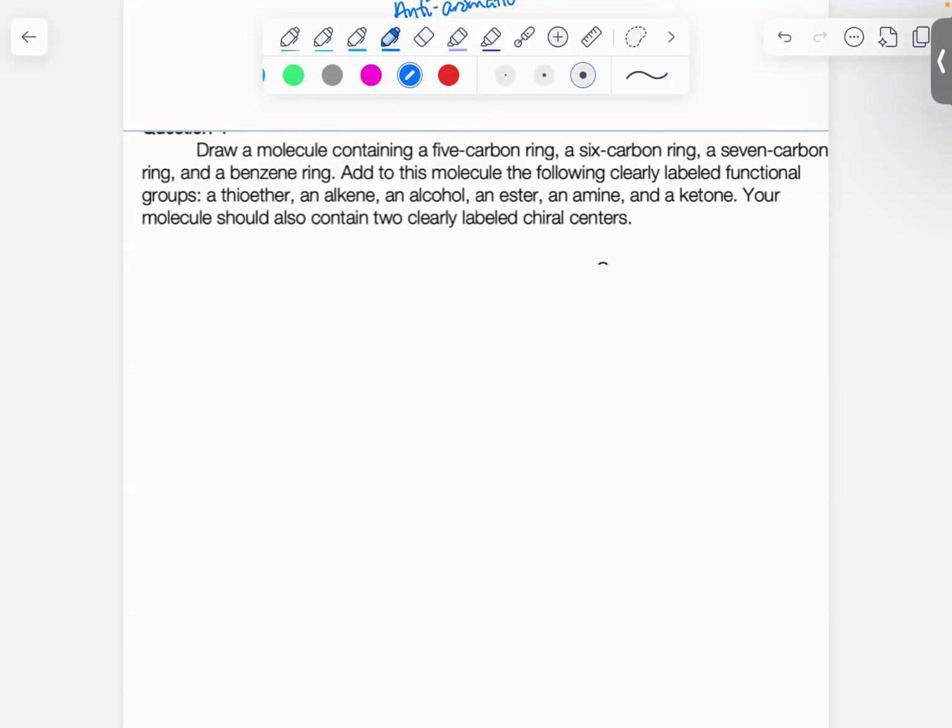So I would approach this one by first drawing out all of the rings. So I have a 5 carbon ring, a 6 carbon ring, a 7 carbon ring, and a benzene ring. Now, I'm just going to go in and add the functional groups.